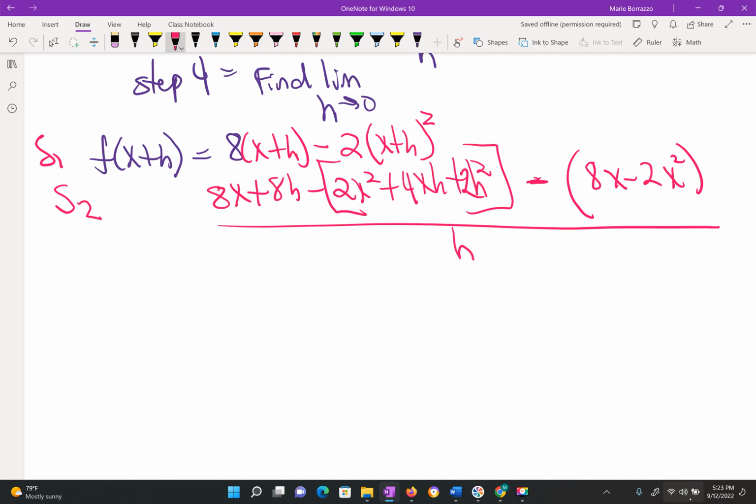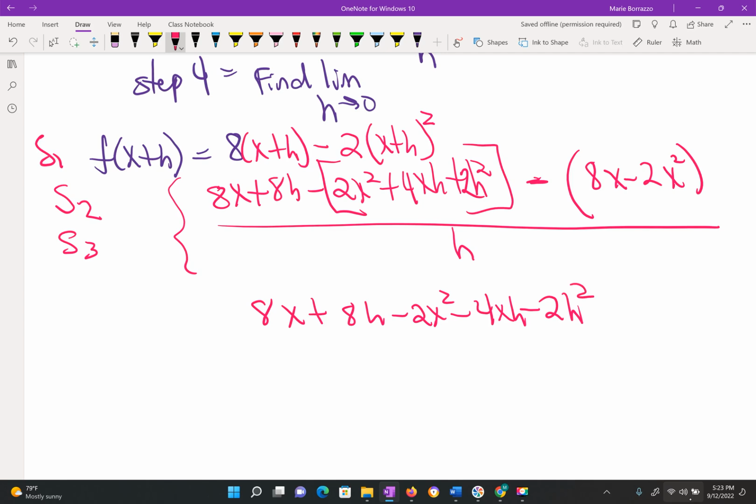Actually, by now you're at step 3, so this is like steps 2 and 3 together because this is the whole thing. If you open it up, you have 8x plus 8h minus 2x squared minus 4xh minus 2h squared minus 8x plus 2x squared, all of that over h.